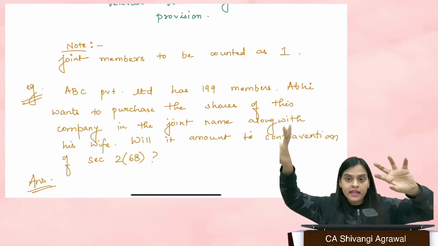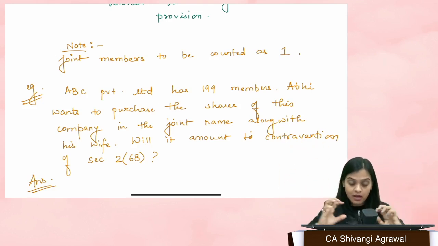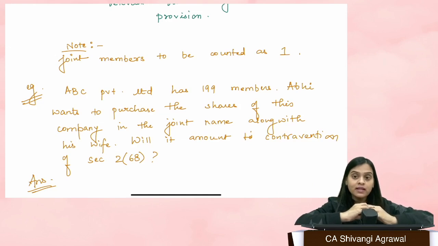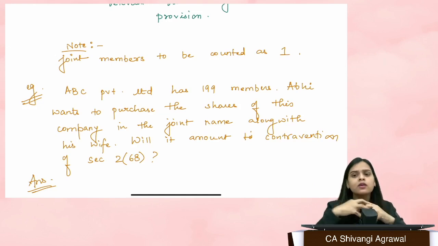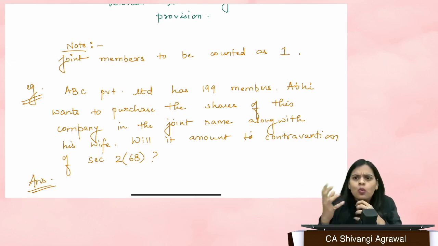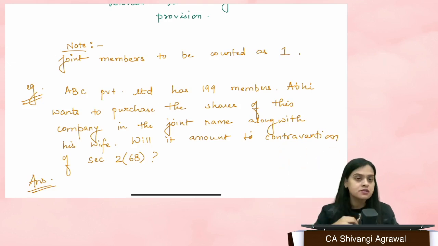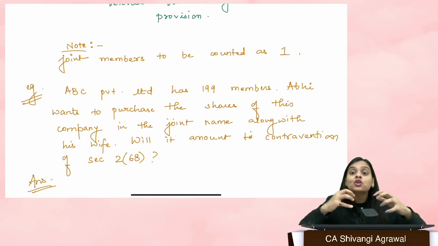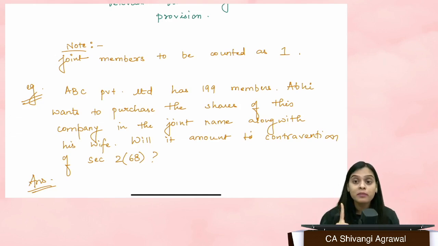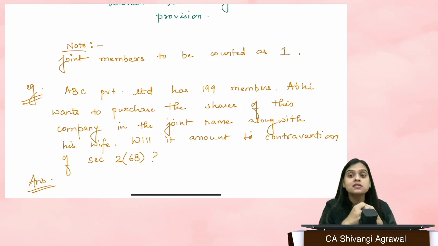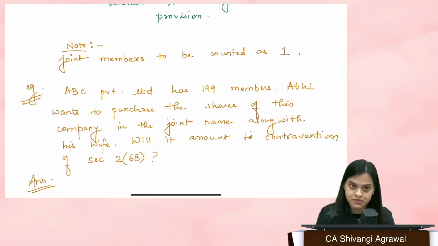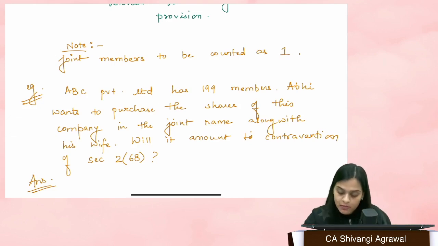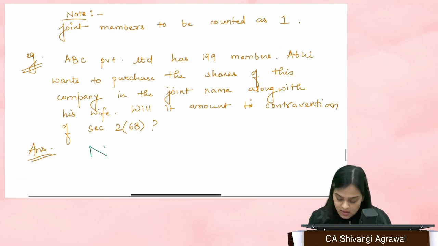Abhi and his wife are counted as one member, whether they're holding 10 shares, just 1 share, or 1500 shares. So joint holders are counted as one member. Okay. So will it amount to contravention? The answer is no.